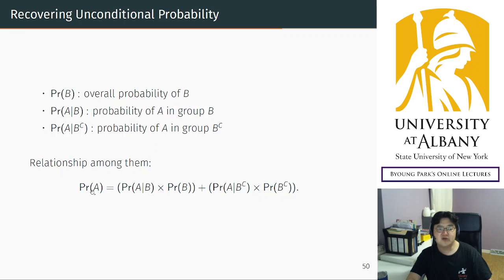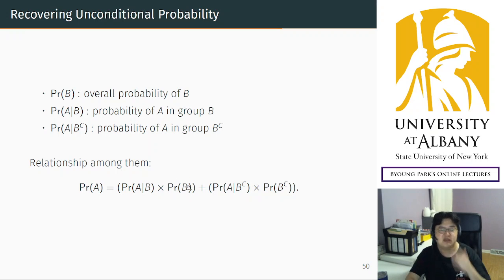The overall unconditional probability of event A can be understood as the probability of A in group B and this is the probability of A in group B complement. And you have to take the average of the two conditional probabilities of A using weights equal to the probability of the group.